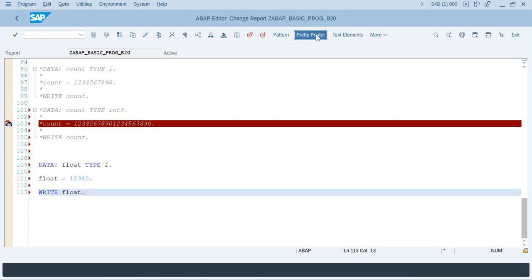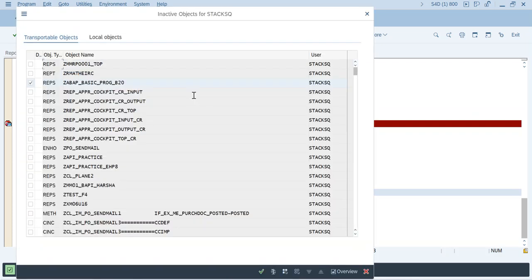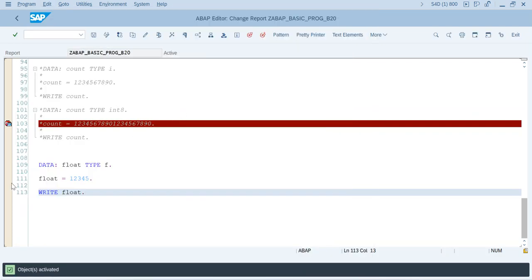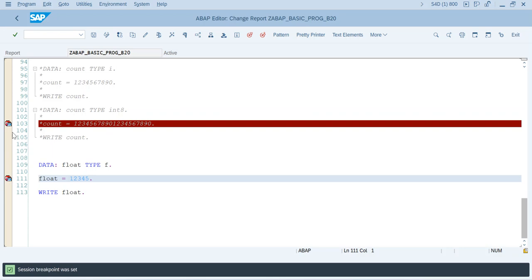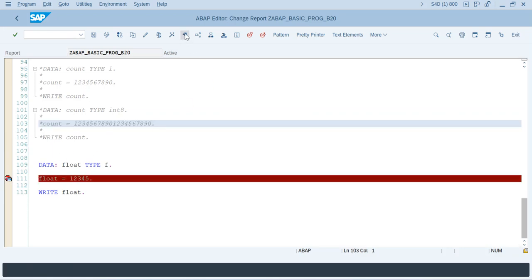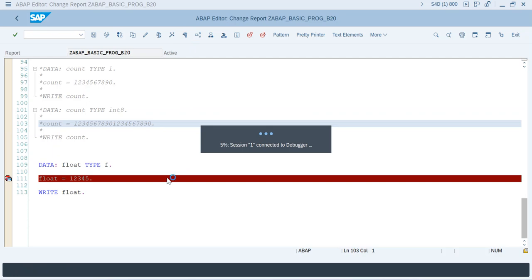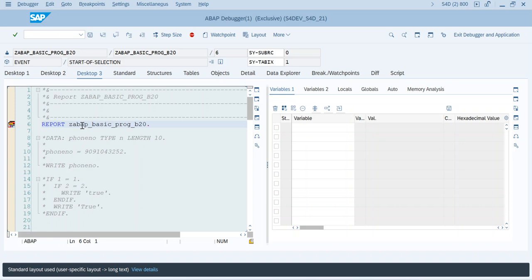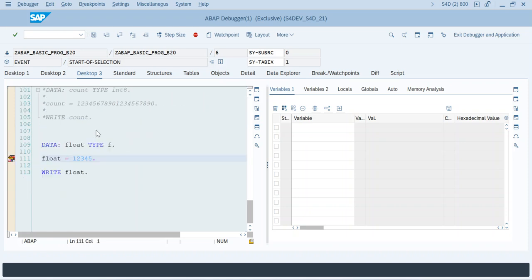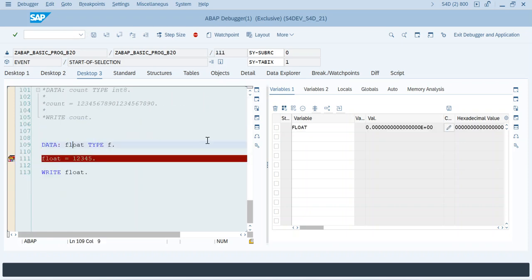So do pretty printer and then activate, and after that I'll keep the breakpoint here and then execute it. Now observe carefully. So float, you see 0 and then 16 zeros and E 0 0.